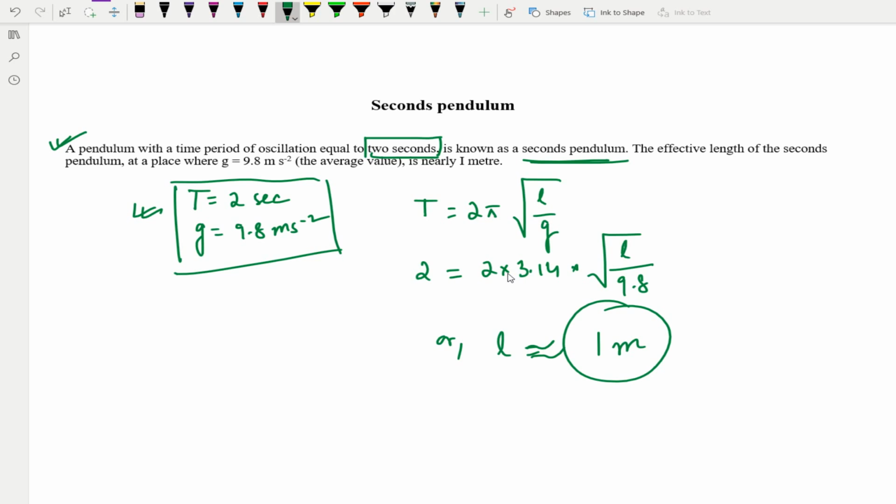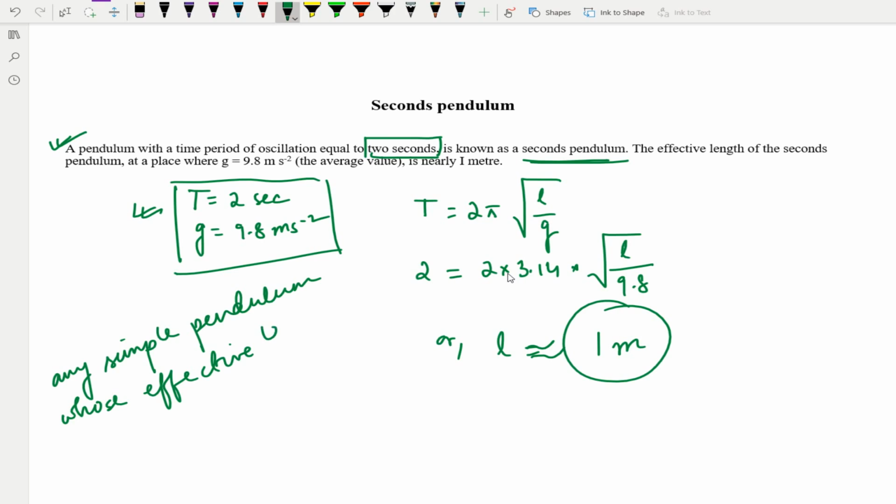So from this we can say any simple pendulum whose effective length is 1 meter becomes a seconds pendulum.